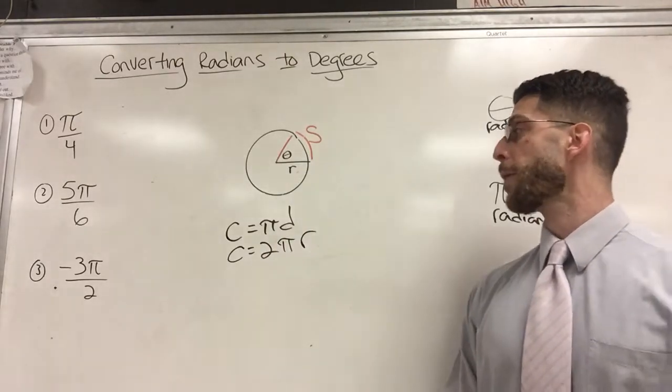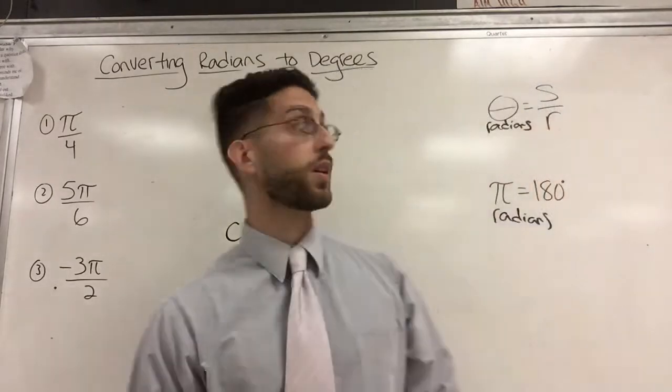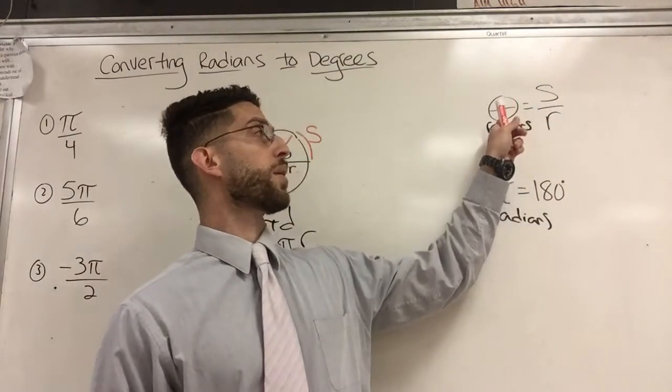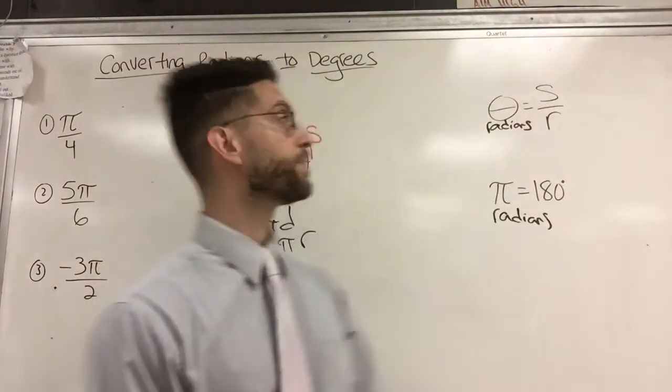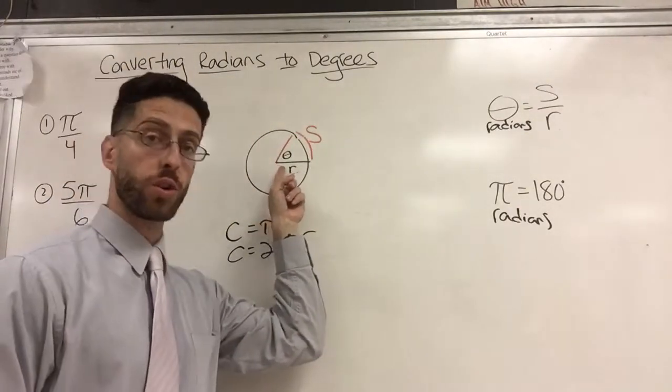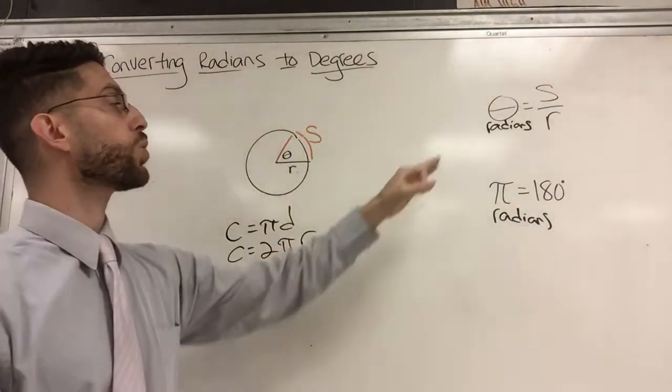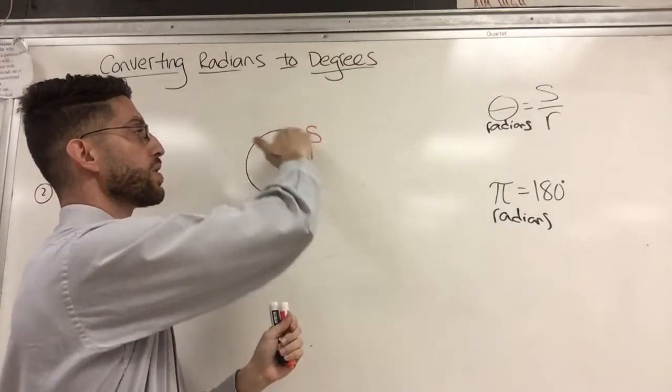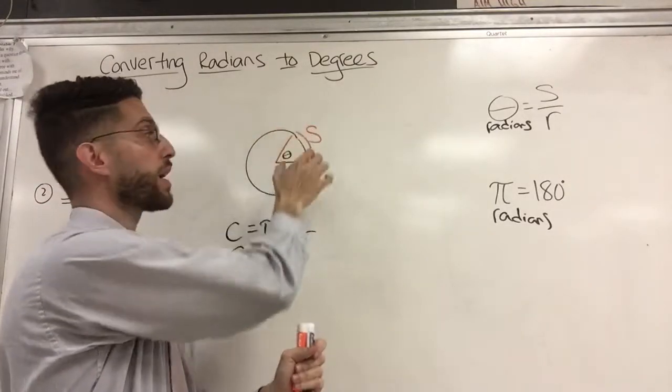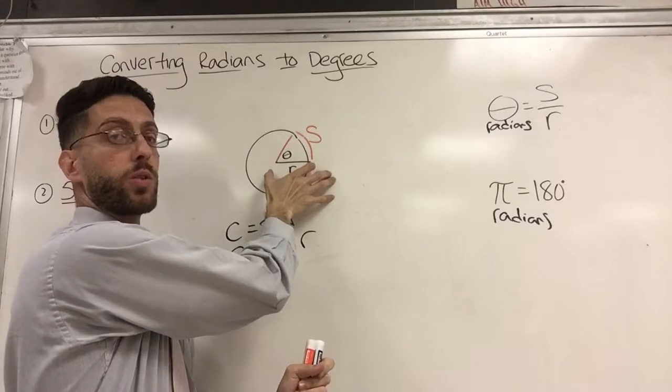All right? Now, this formula tells us that the measure of an angle, a central angle of course, is equal to the arc length divided by the given radius of the circle.